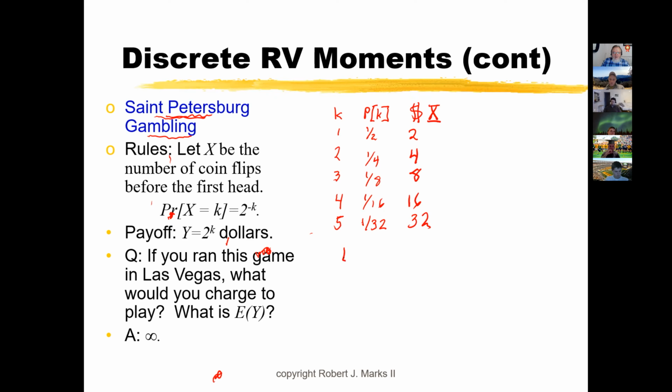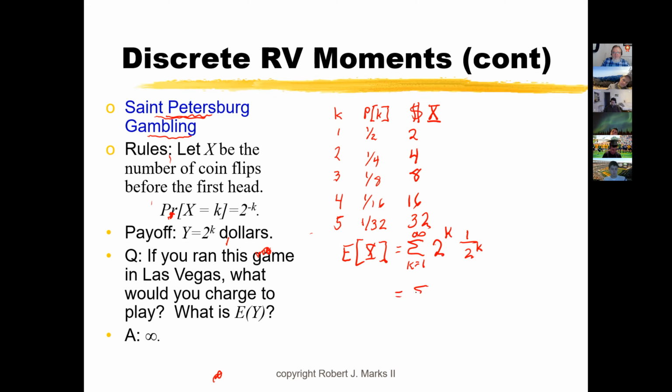So what is the expected value of your winnings? The expected value of your winnings is going to be the summation from k equals 1 to infinity of your winnings, which is 2 to the k, times the probability of you winning, which is 1/2 to the k.